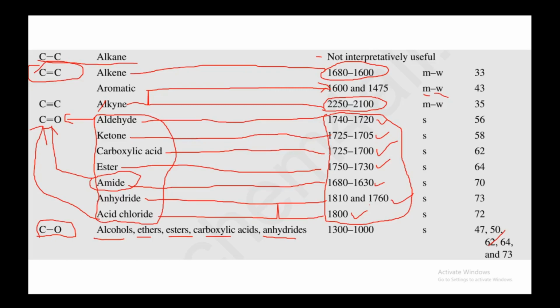The functional group region starts from 1500 and goes all the way to 4000 per centimeter, whereas the fingerprint region starts from 1500 and goes all the way to 650. The carbon single bond oxygen gives a peak at around 1300 to 1000, and the peak intensity is strong.